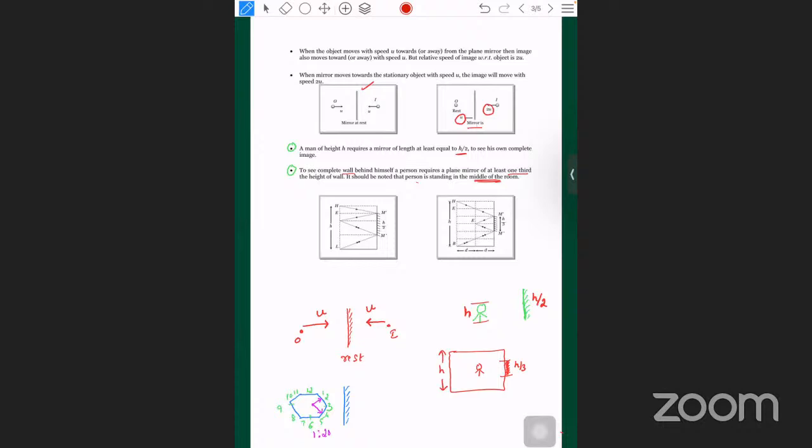Now, if you see the image of this clock, what is the time in the image? 10:40. Very good.